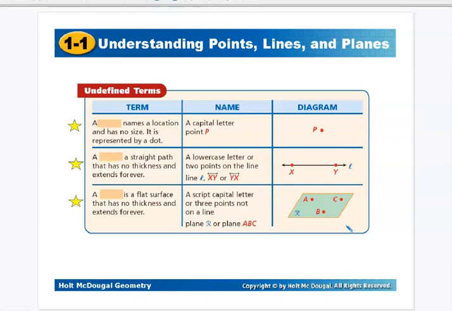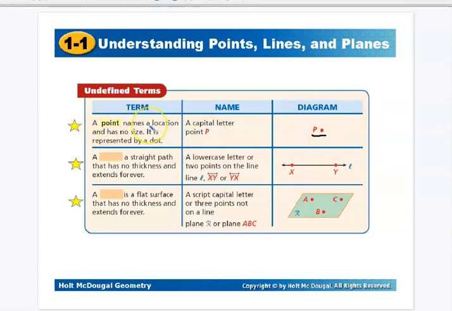So the first one, here in the corner, a point names a location. It has no size and is represented by a dot, which you will see over here in the diagram column. We represent points by this dot and name it with a capital letter.